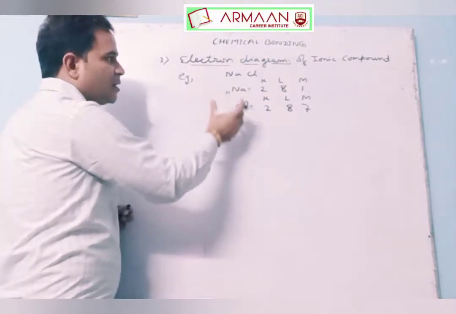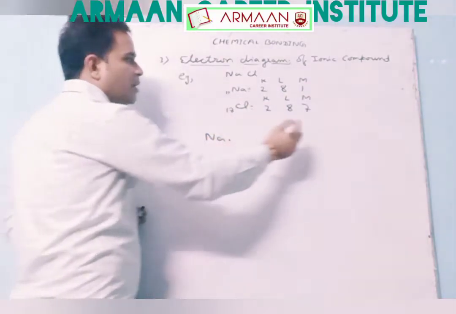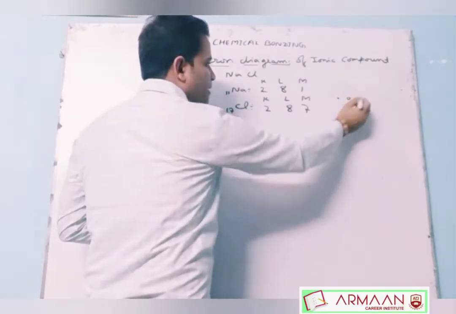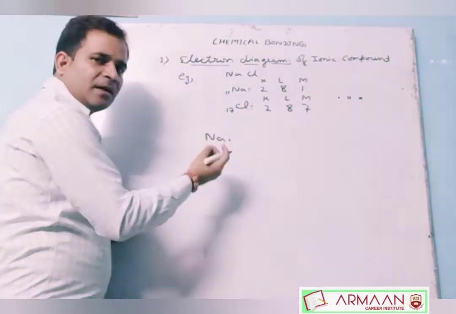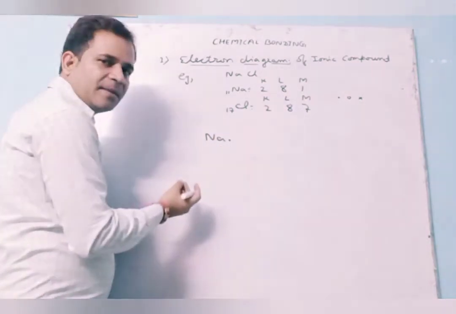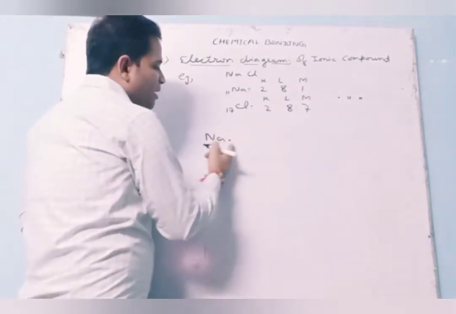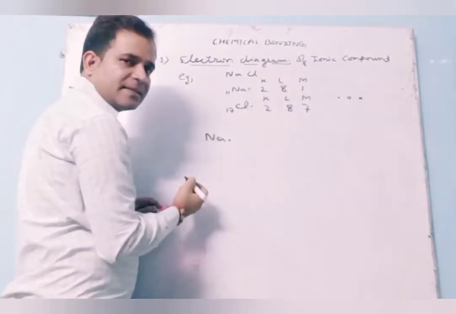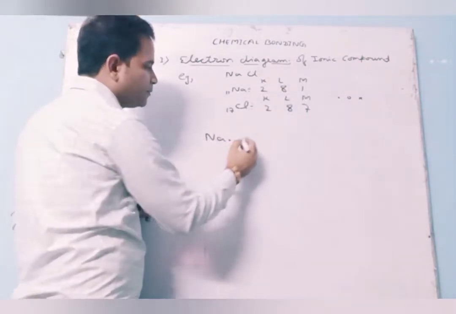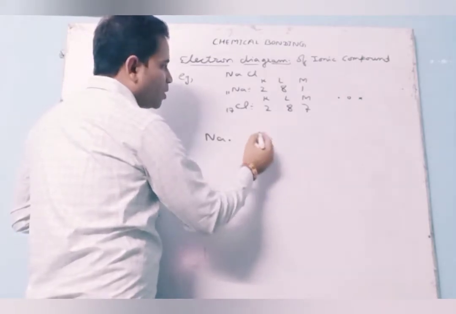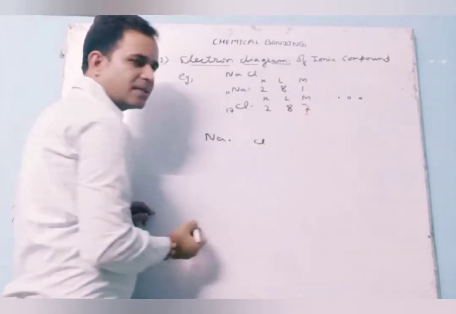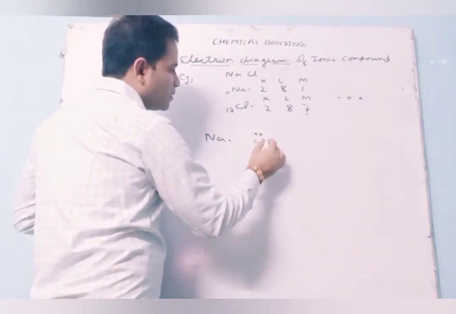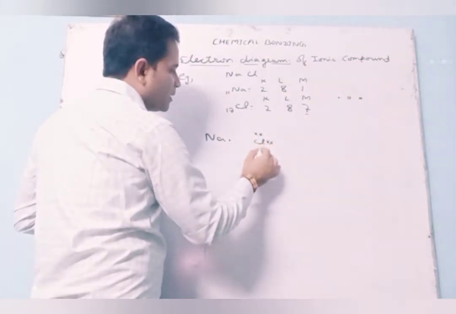Whenever we represent electron dots, you may use dots, circles or crosses, so that we differentiate between the elements. For sodium, how many electrons? 1 electron, because 1 is its valence electron, so I represent 1 dot here. Now in chlorine, how many valence electrons? 7. So we draw 7 crosses here.